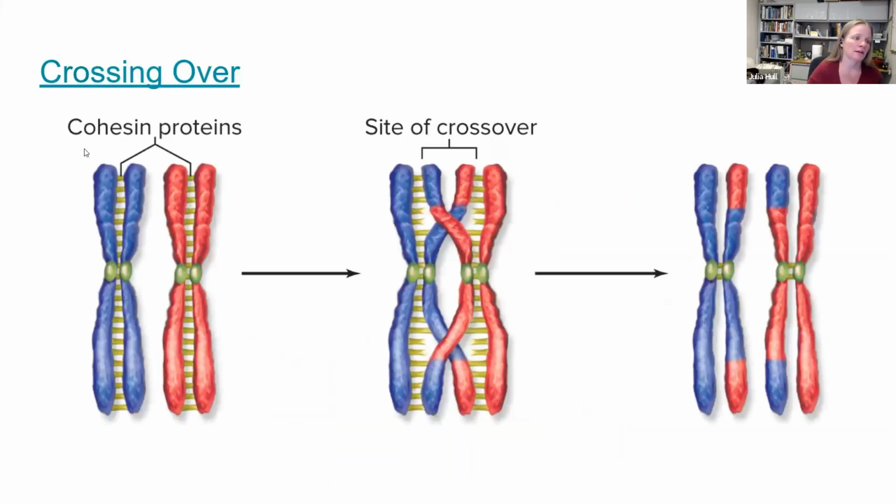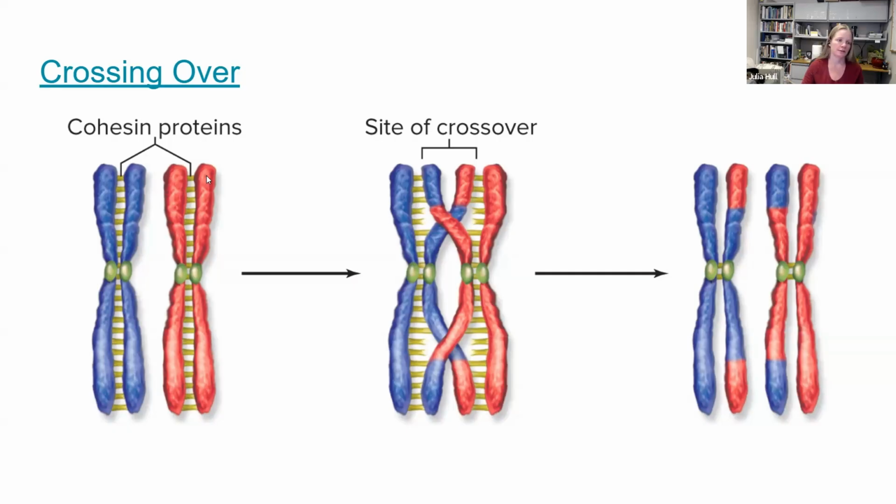So if we look at this again, our homologous chromosomes that are replicated, we have our sister chromatids, right? So this is the exact copy of this portion of the chromosome, but this portion of this chromosome is not necessarily the same as this portion of that chromosome, okay? So we call those non-sister chromatids, right?